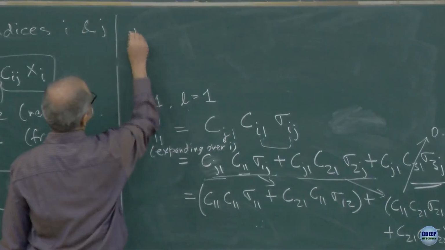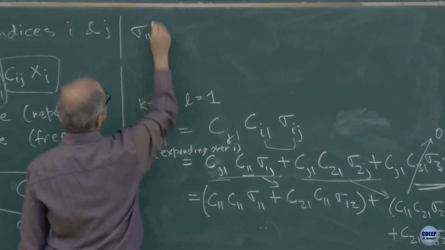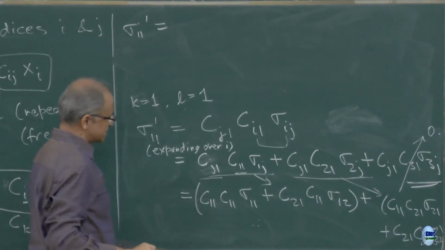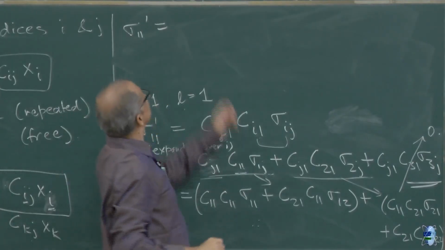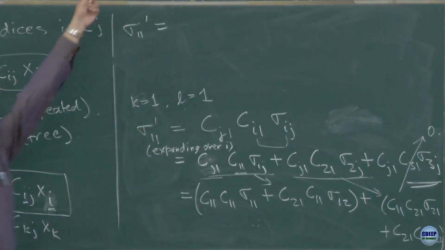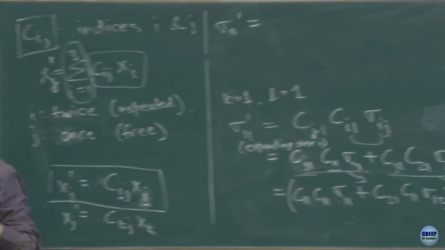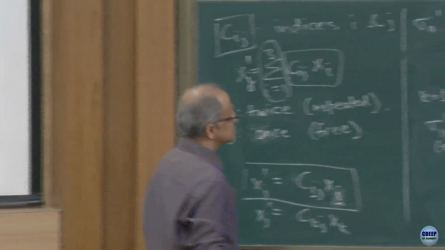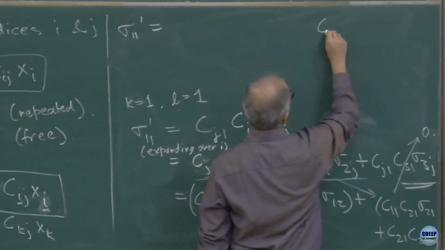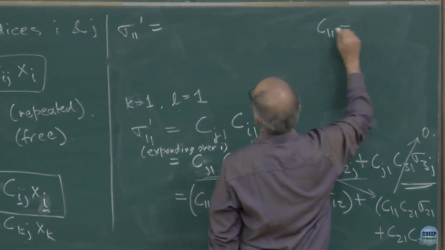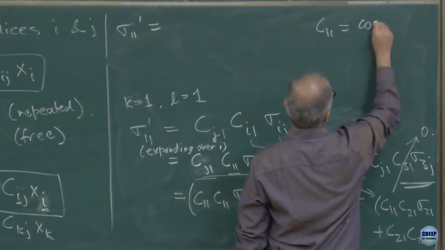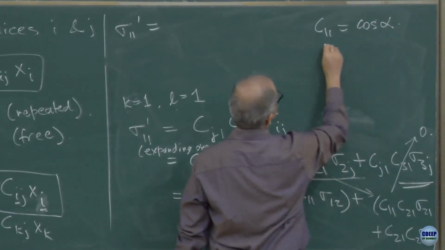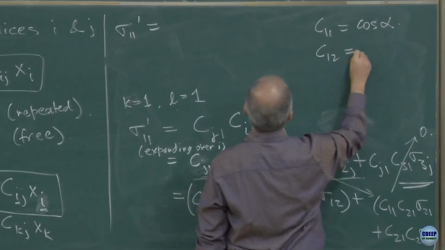So what do I get now? What is sigma 11 prime? What is C11 now? So I will just say that this angle, beta 11, is alpha, and I can find out all other angles with respect to that. So I know that C11 is cos of alpha. C12, what is C12?